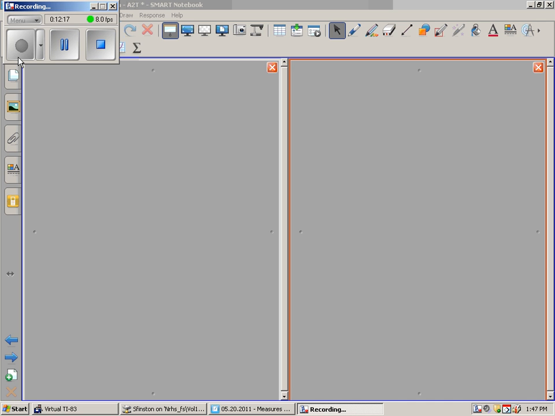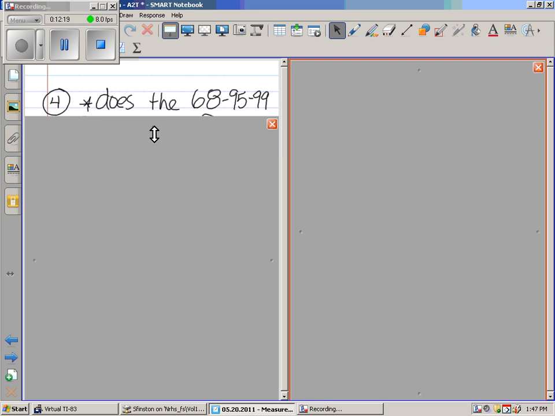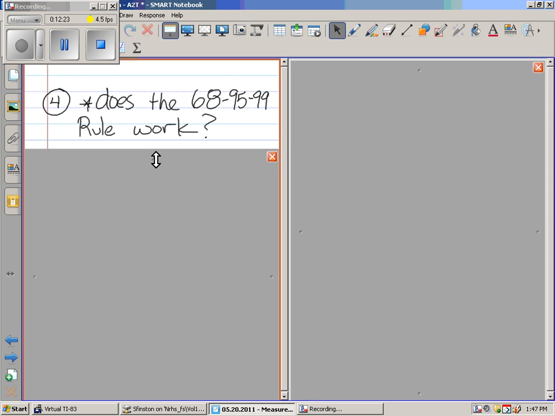For statistics, the 68, 95, 99 rule is the equivalent of the vertical line test. If a bunch of data passes that rule, a normal distribution fits. It's like it's a function. And if it doesn't pass this rule, then it's not a function. Then it's not a normal distribution.